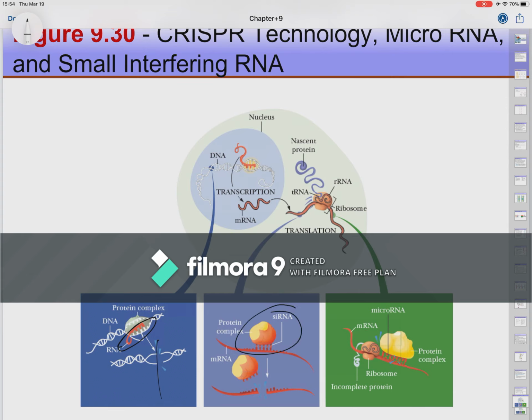So this small interfering RNA has complexed with the mRNA, preventing a ribosome from being able to come and do anything. And this one also cleaves it. And then this thing here, an mRNA, we've got a ribosome, a protein that's growing, and a microRNA that's come in here and messed up the whole process. This ribosome can't keep going that way because of this microRNA on the mRNA.